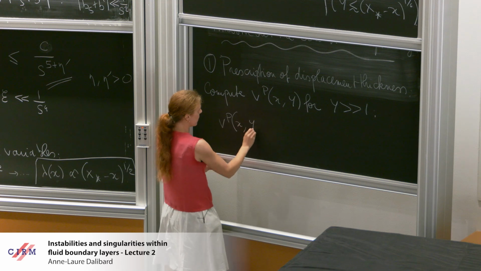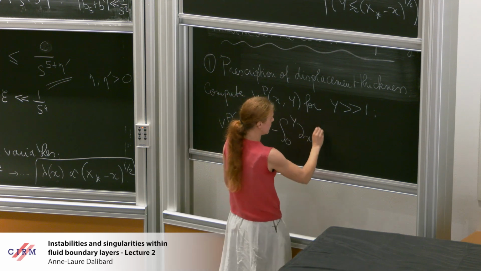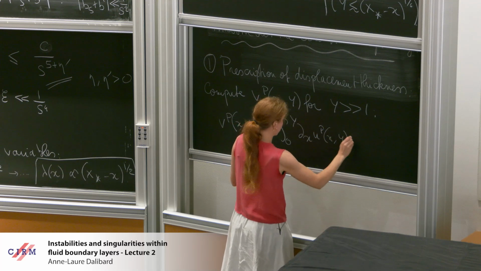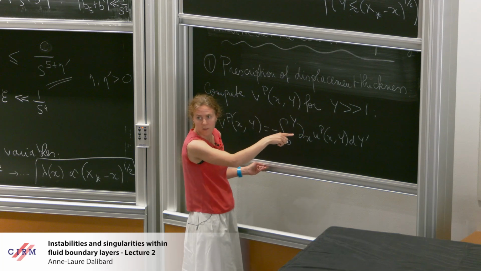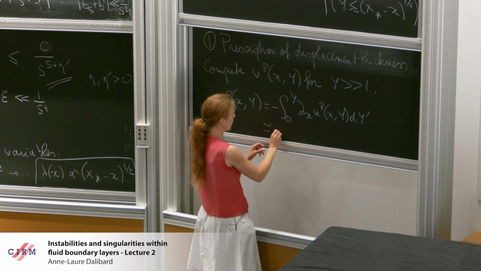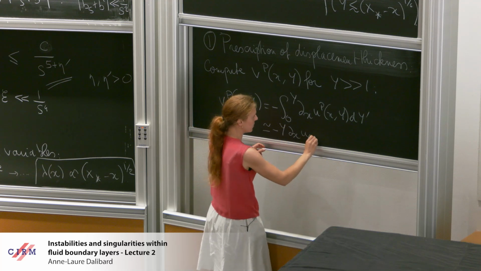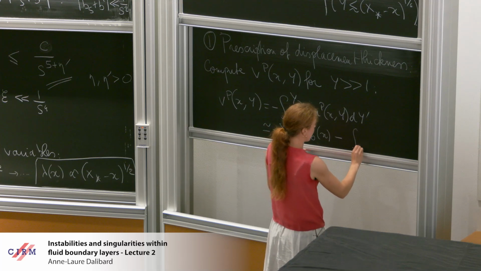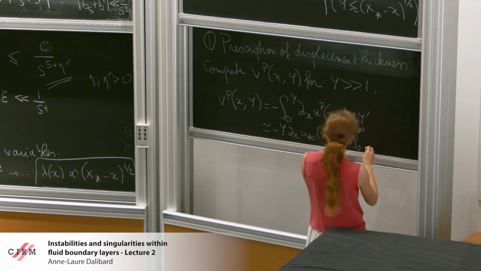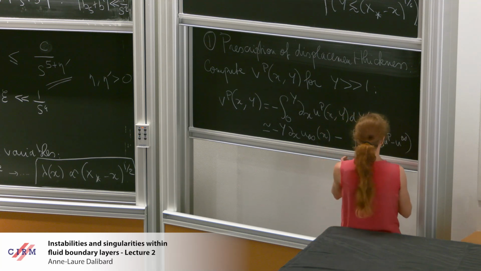It's minus the integral from 0 to Y of dx UP(Y prime) dy prime. Since this converges towards dx u infinity, first there is a linear term, which is Y times dx u infinity, and then you have another term, which is the integral from 0 to infinity of dx (UP minus u infinity). Okay?